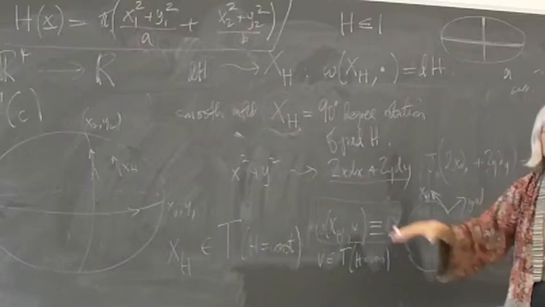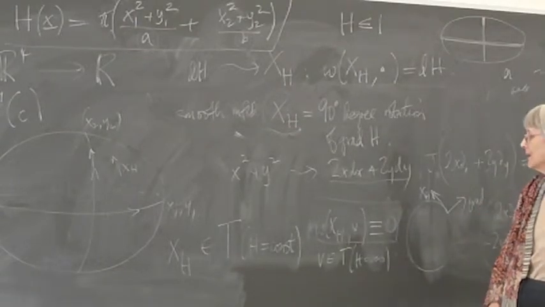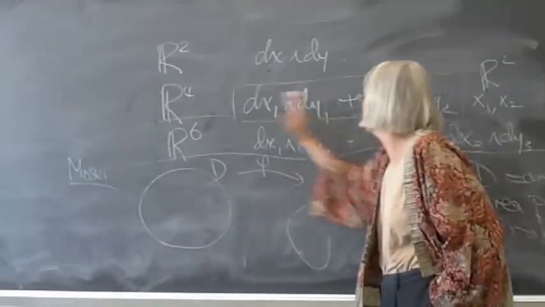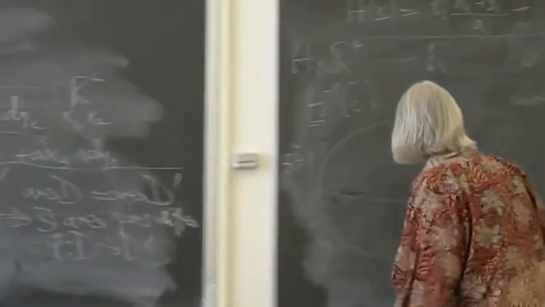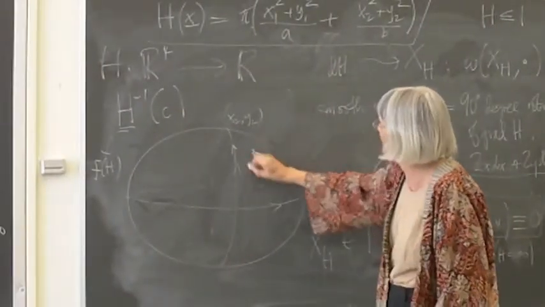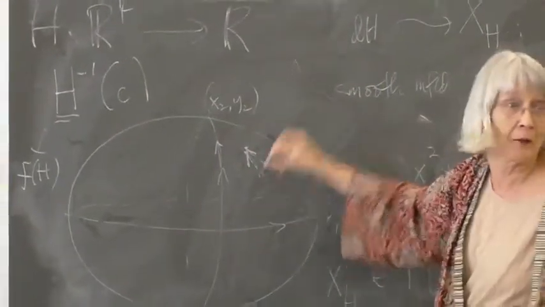So it's a null direction. Symplectic forms have the property that, in general, they're non-degenerate. They don't have a null direction. So any vector, if it pairs trivially with everything tangent to this, it's got to pair non-trivially with something like that.